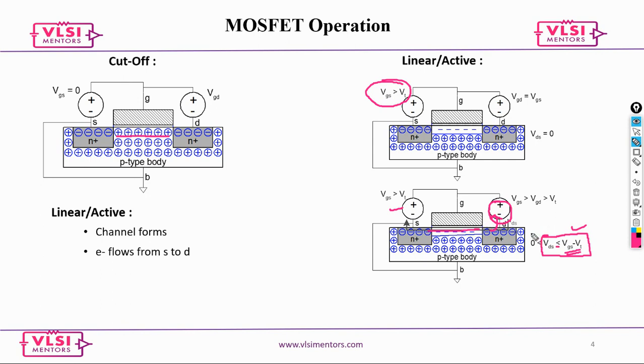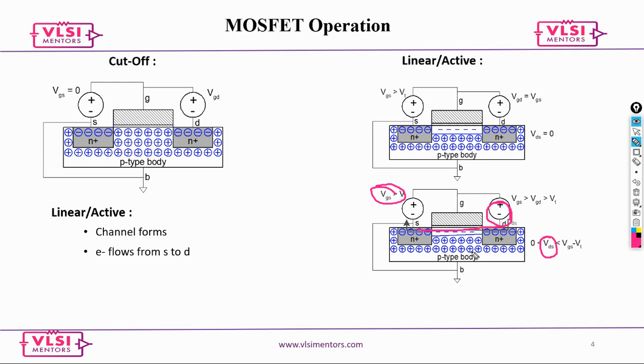Now look at this. Your ID varies, and your VDS continuously increases in this case. So your transistor is on, charges are flowing here, and this node voltage is getting increased.